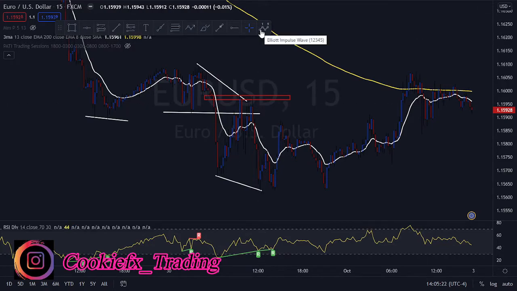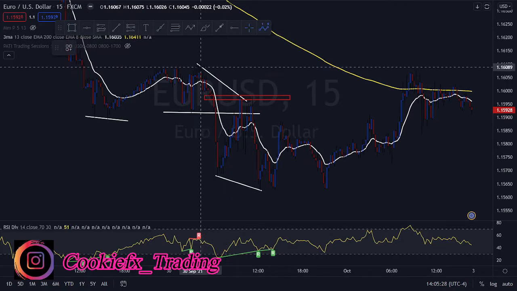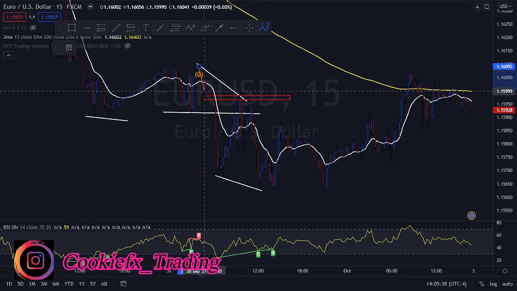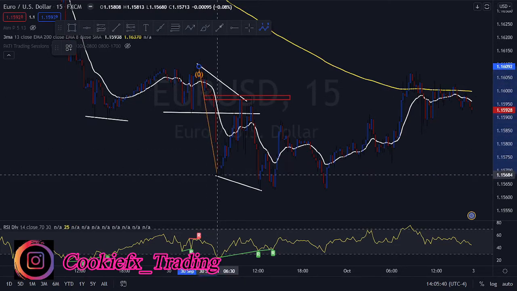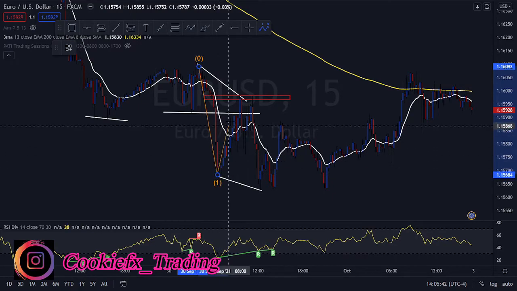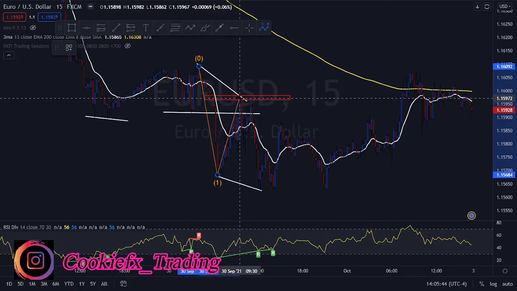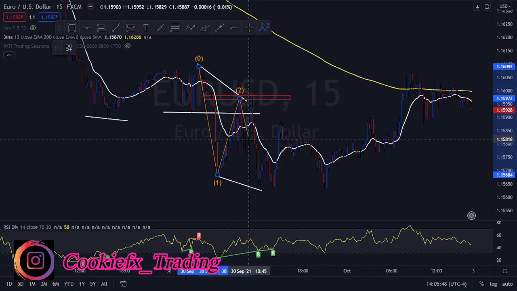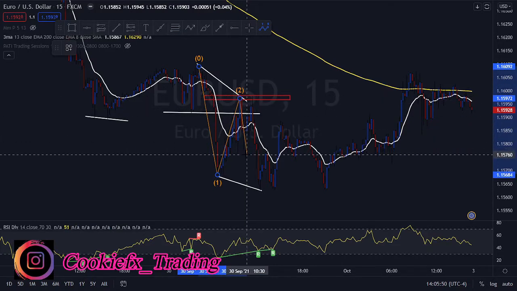This is why I say it's Elliott waves, because the first wave: you have 0, you have 1, it retraces back to 2, then you have 3.